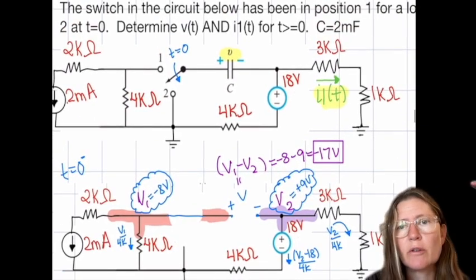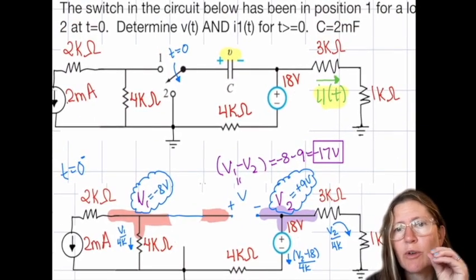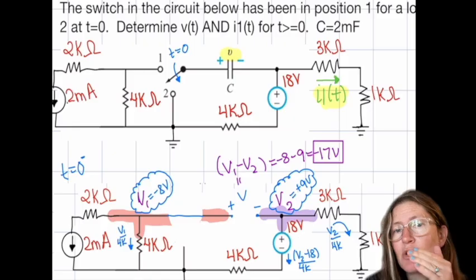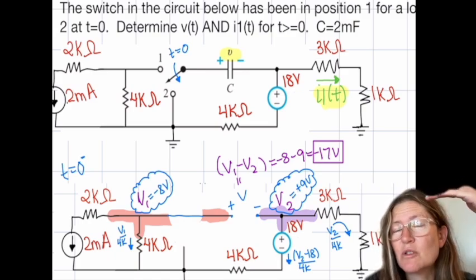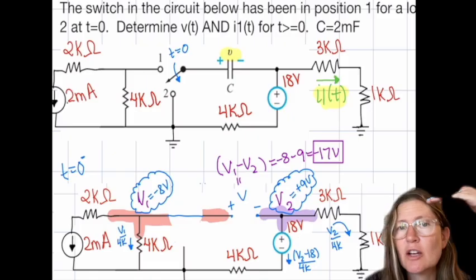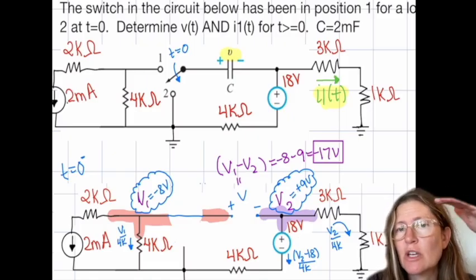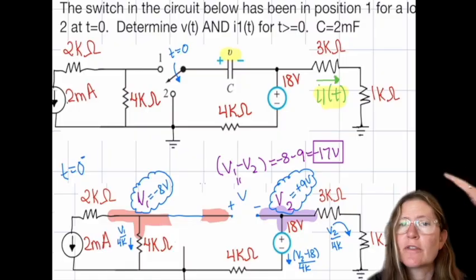It started in 1, and if I switched to 2, that's what I'm determining in this equation. But if I switched back from 2 to 1, now it's sat at position 2 for a long time. Switching back to position 1 is going to actually change it again. And so I would use, again, what I'm trying to find for that final time of whatever that switch is.